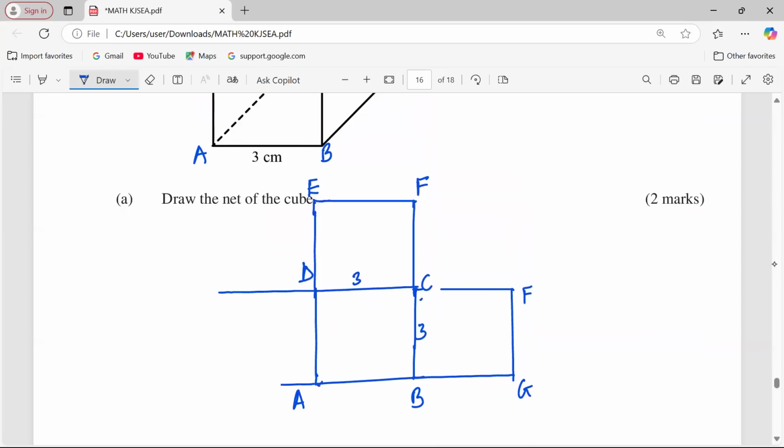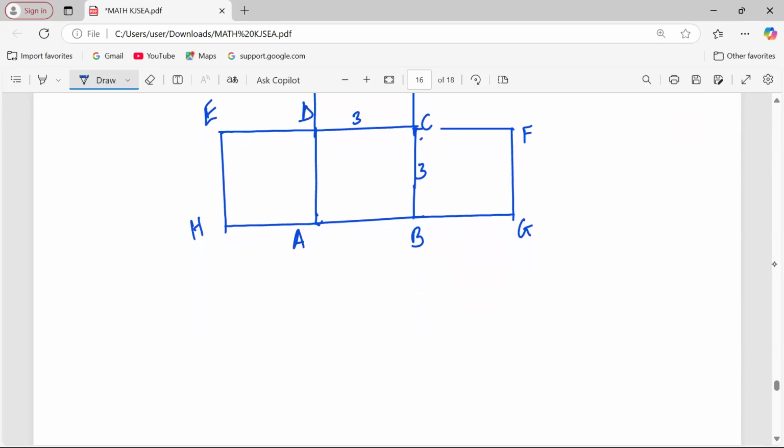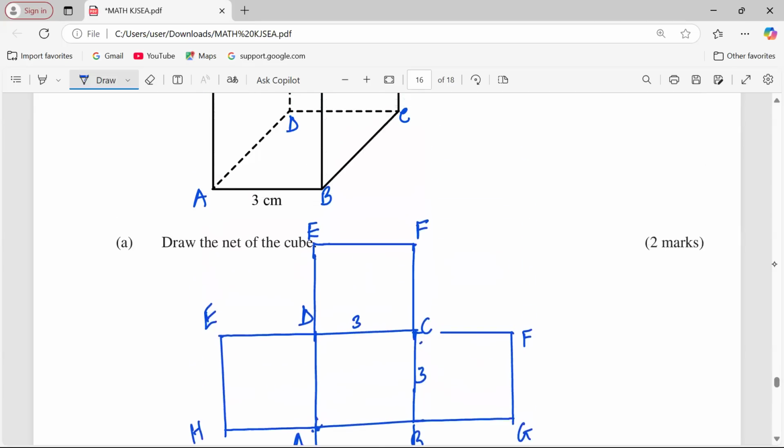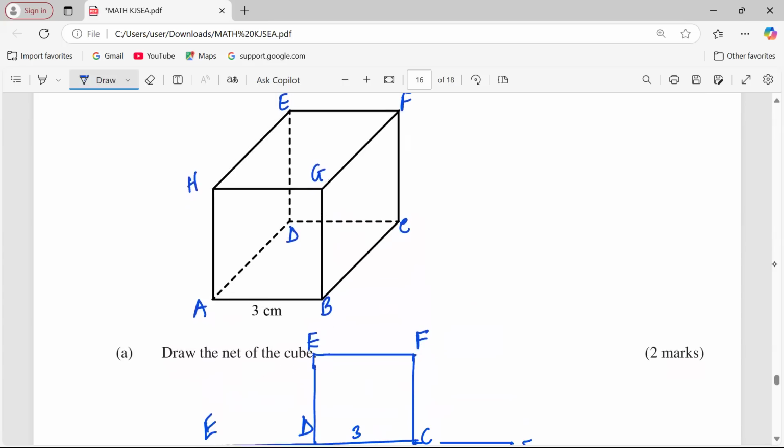Still a square, because all the faces are equal. So EH will be there. And on the lower side, we also have to bring another face, also 3 by 3. This one on the lower side, we're going to have HG.